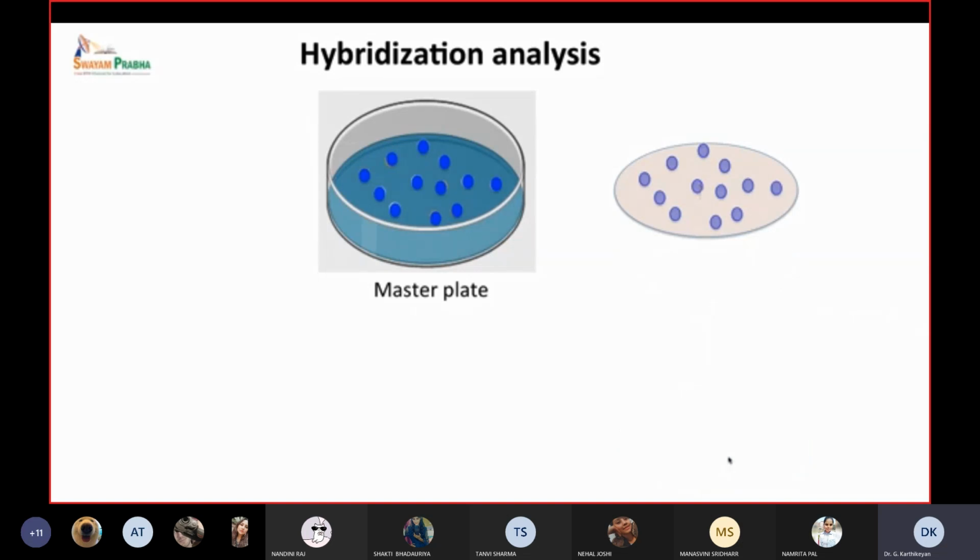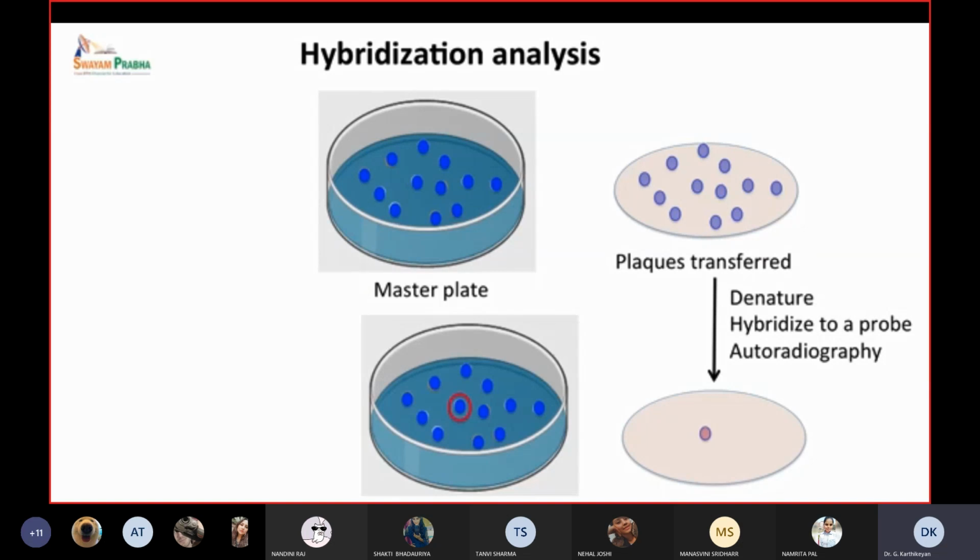So now you align this nitrocellulose with the original master plate, and you know this is the plaque that contains the signal. So you go ahead and you pick this plaque from the master plate, which will contain the bacteriophage with the desired DNA fragment. You isolate the DNA and then you identify the gene by sequencing.